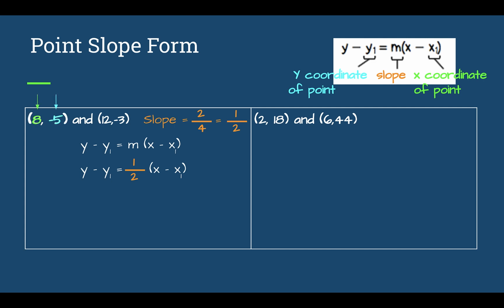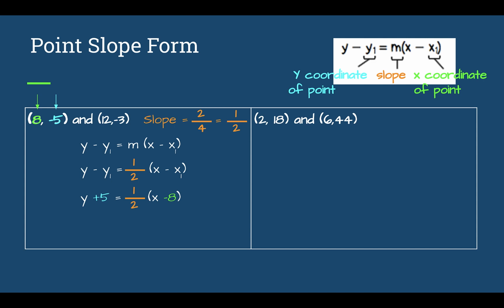So let's choose (8, -5). And I'm going to plug those into the equation. Remember, they're going to be opposite of what's in the coordinate. So I would end up with y plus 5. The y is the second number of the coordinate. And x minus 8, because x, the first number of the coordinate, was positive. So they are opposites of what's in the coordinate.